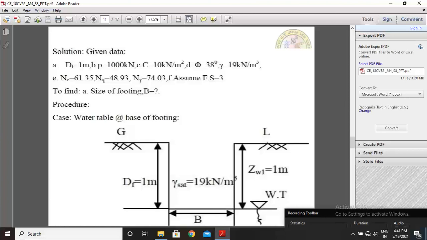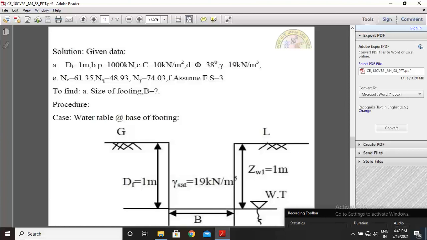C is given 10 kilonewton per meter square. Phi is given 38 degree. Gamma is given 19 kilonewton per cubic meter. NC is given 61.35. NQ is given 48.93. N gamma is given 74.03. Assume factor of safety is 3. Okay. To find size of footing, that is B equal to how much?